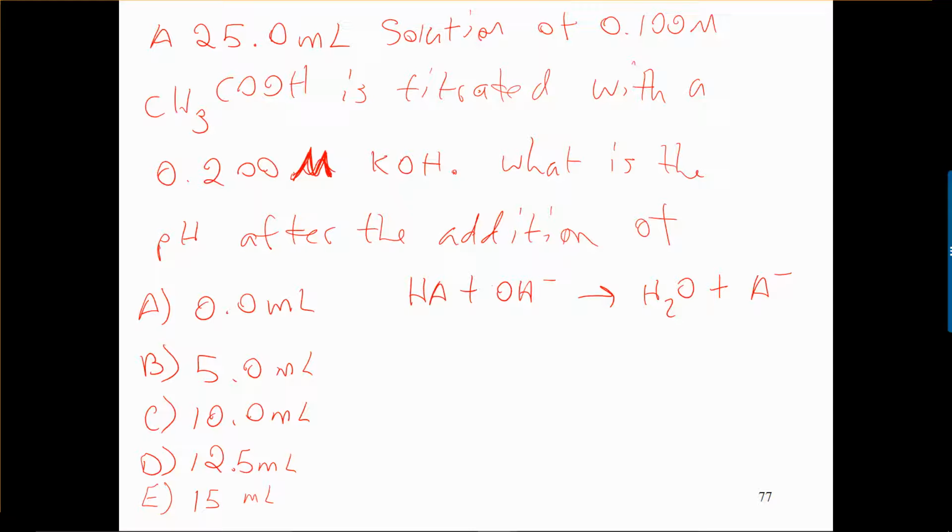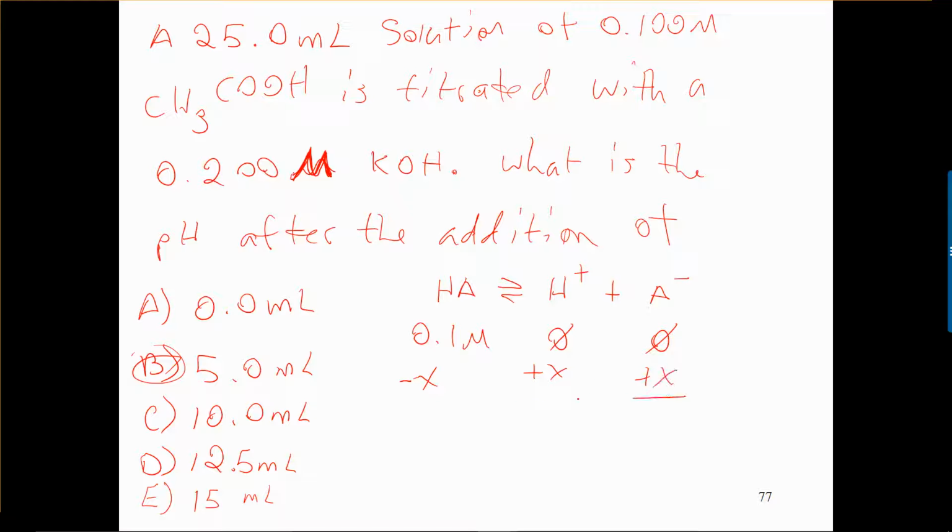So actually, let's save this for step 2, for when we actually add some sodium hydroxide. 0.1 molar, 0 minus x plus x. We get x, and 0.1 minus x. Drop the x, right? And then Ka.